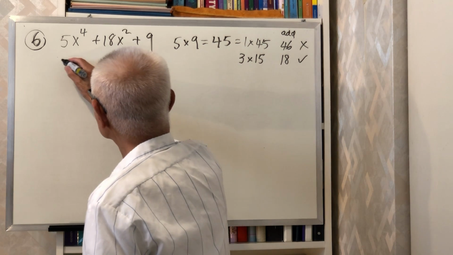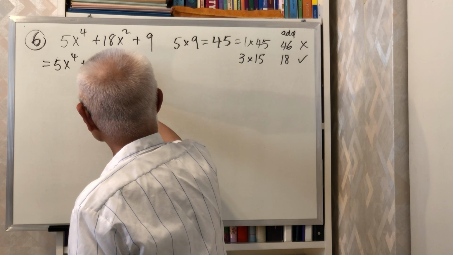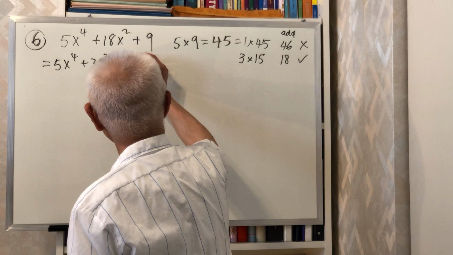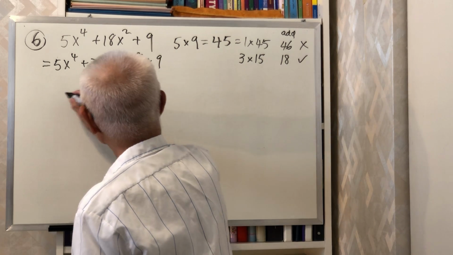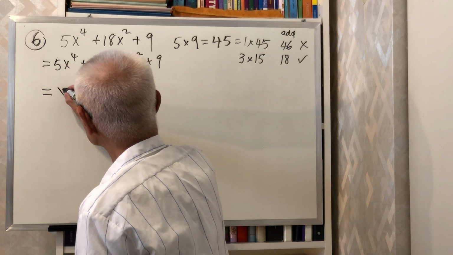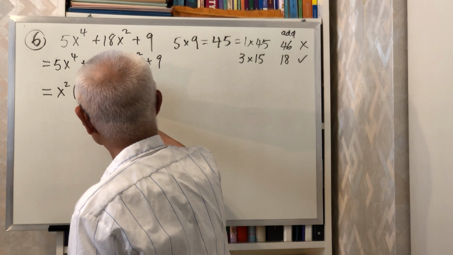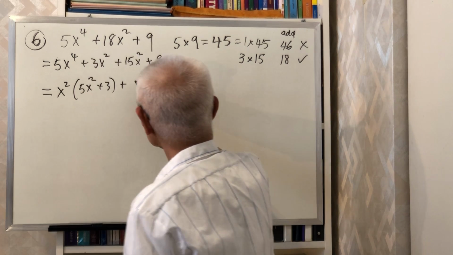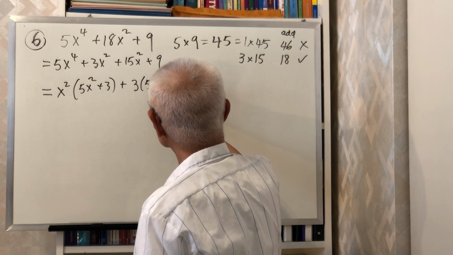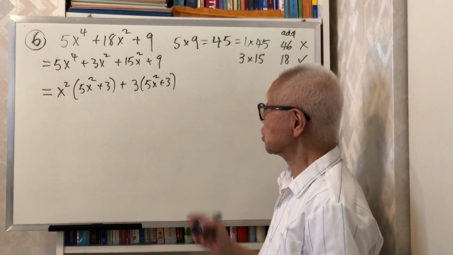So I have 3x squared plus 15x squared plus 9. And then I factor out x squared, factor out 3. Now these two brackets are the same.